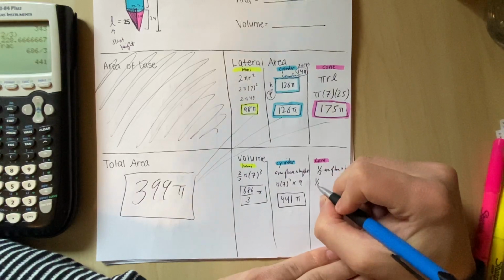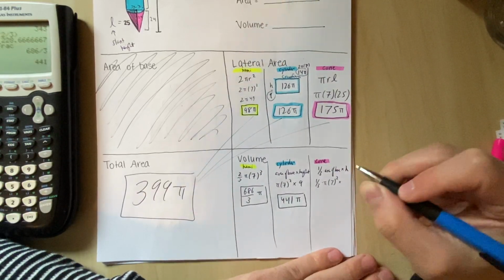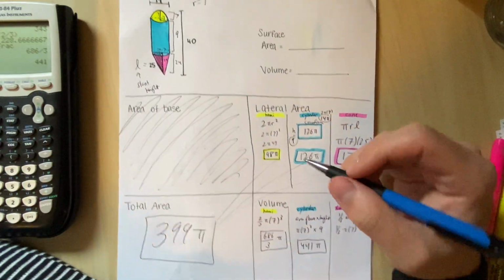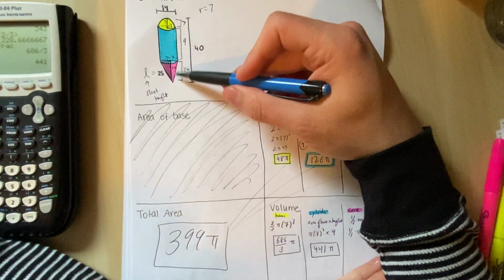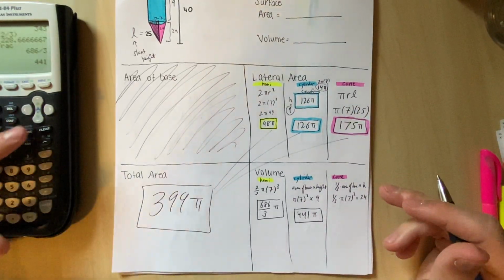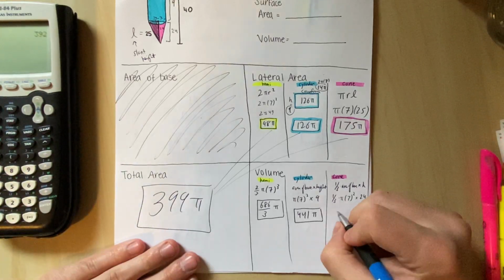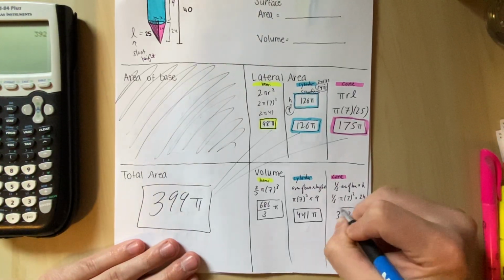The area of the base is still pi r squared. The height of the cone, be careful, was 24. So if I calculate all that, 392 pi.